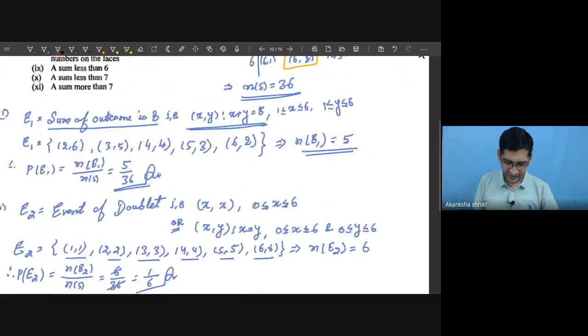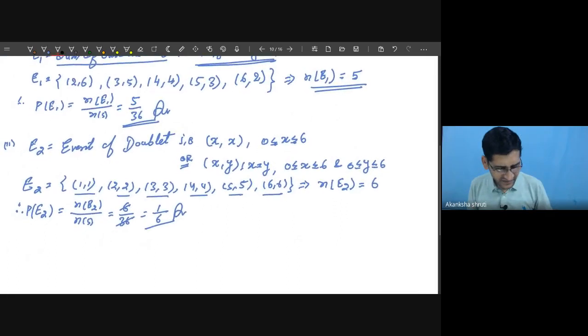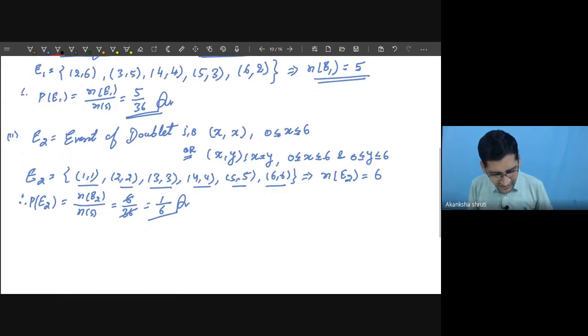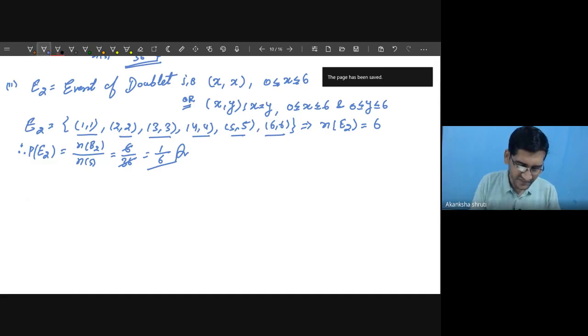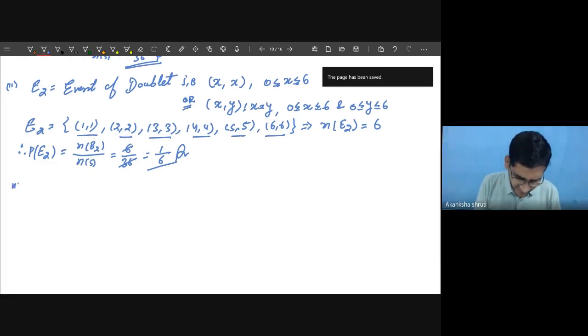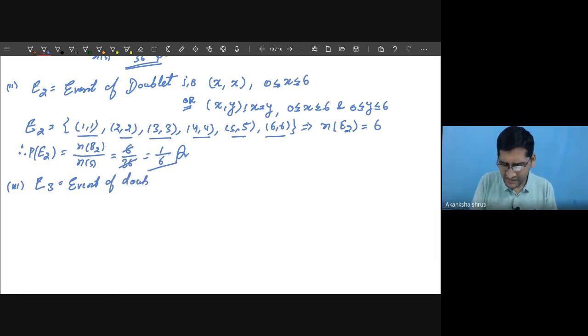So write this for the third one. E3 as event of doublet of prime numbers.